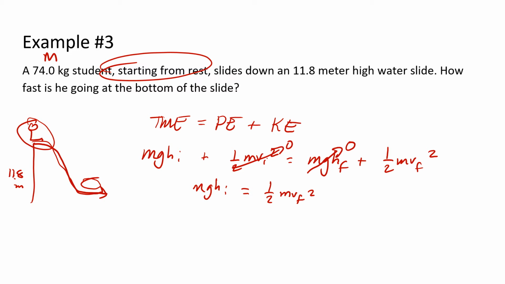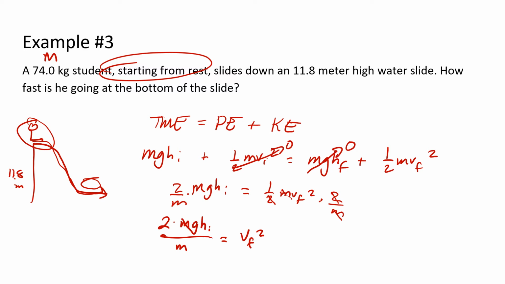I want to solve for the velocity, the final velocity. I'm going to solve for vf squared, like we did in class. So I'm going to multiply both sides by 2 over m. By doing so, this m and 2 will cancel out, and I'm left with 2 times m g h_i divided by m equals vf squared.